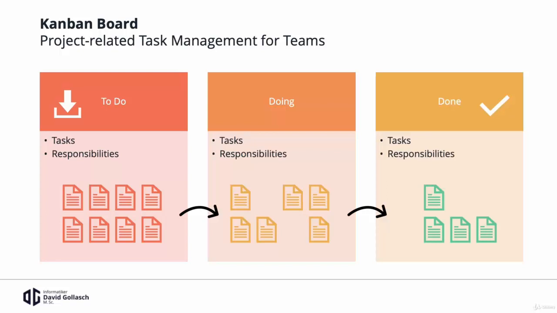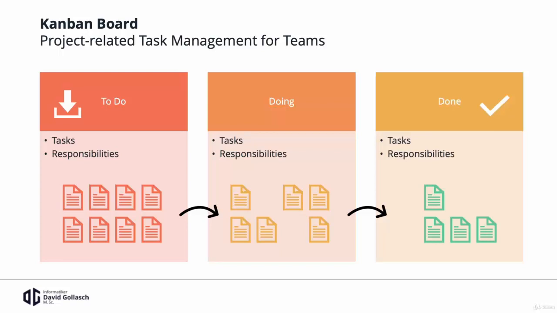And as well, you take down the responsibilities of each of those tasks onto each of those cards. So you take one card that represents a task, something that you have to do during the project, and you take down who will care for this.